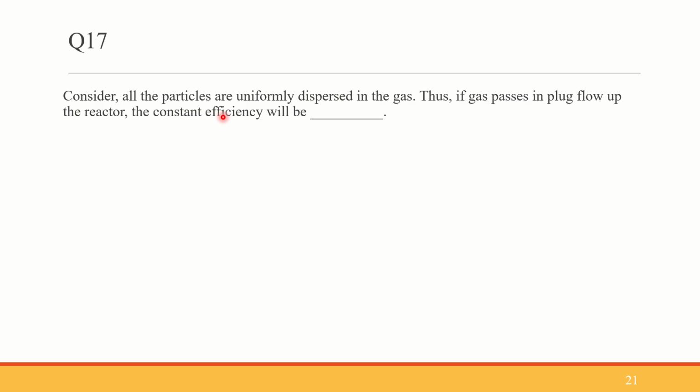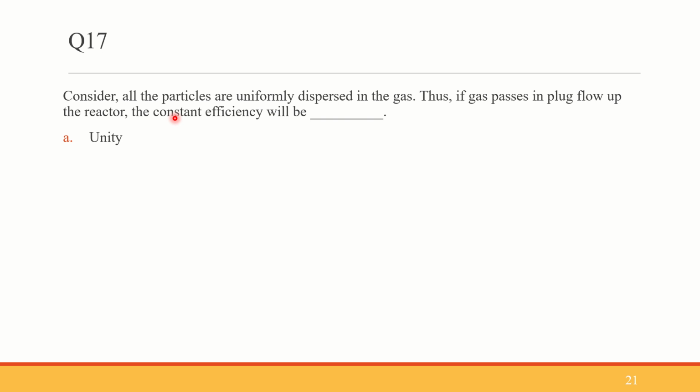Question 17. Consider all the particles are uniformly dispersed in the gas. If gas passes in plug flow up the reactor, the contact efficiency will be dash.